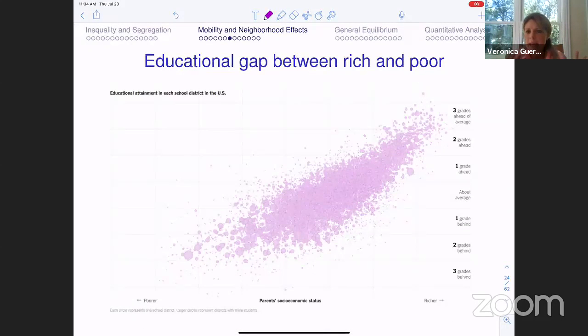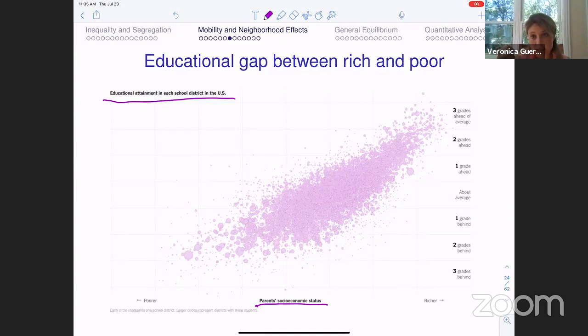A different look at data that speaks about the same regularity is looking at data on educational attainment of kids. So I believe these are from Chetty as well. This was taken from an article in the New York Times based on his work. And so this is parents' socioeconomic status on the x-axis, and on the y-axis you have the educational attainment in each school district in the US.